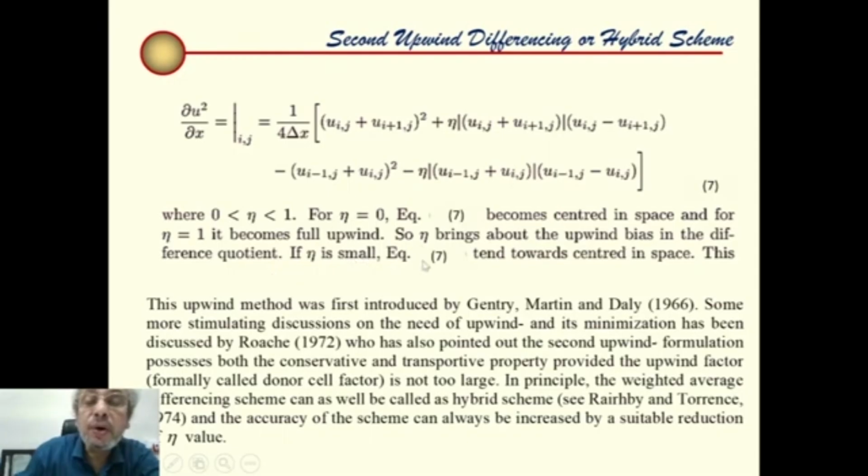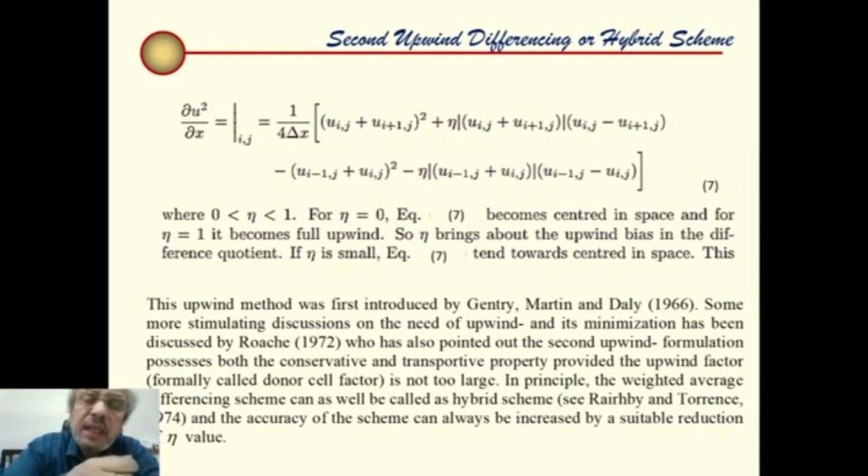If eta is small, equation 7 tends towards centered in space. So it will be like central difference. So basically this formulation we can see is called second upwind. It is basically an expression for whether locally the velocity is becoming positive or negative.